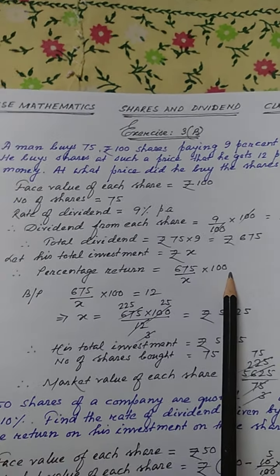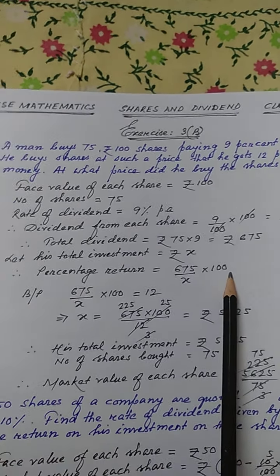But the percentage return is given as 12%. So we can compare it, that 675 by X into 100 equal to 12. And solving it, X equal to 675 into 100 by 12.